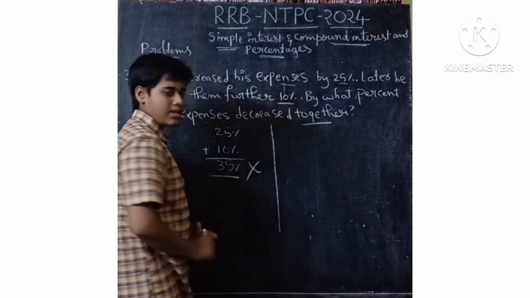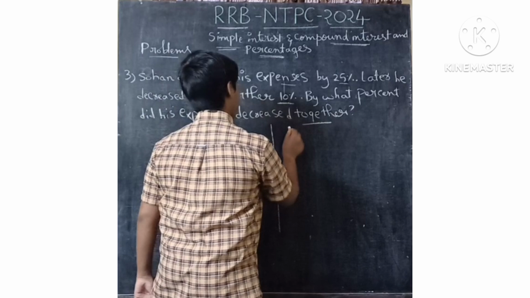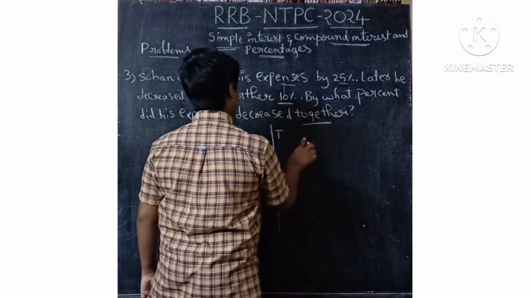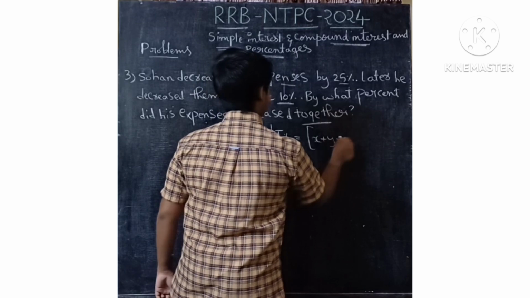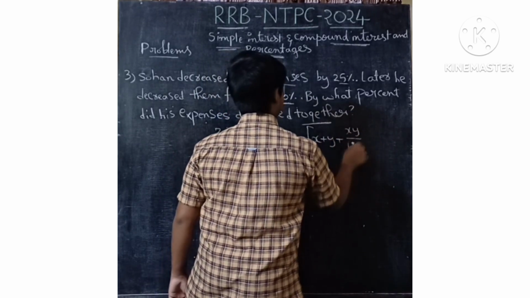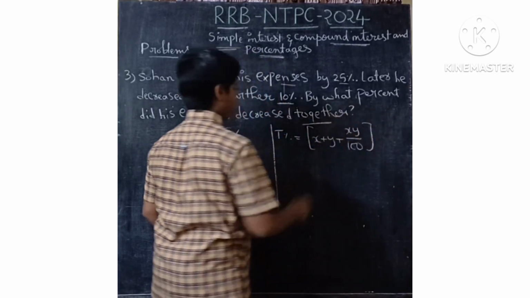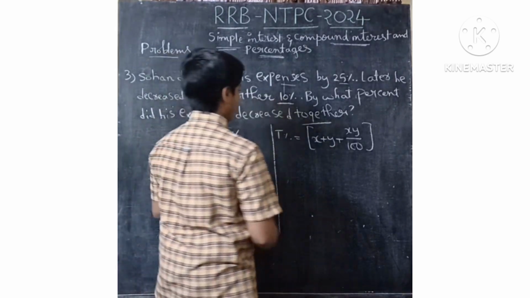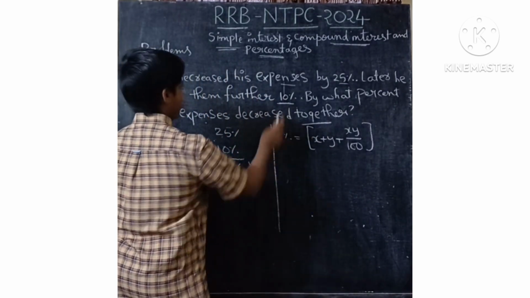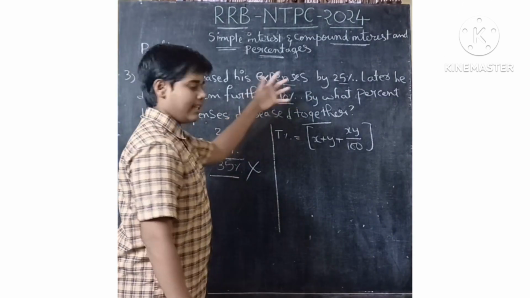For this model, one formula is there. Together percent is equal to x plus y plus xy by 100. This is the percent where x and y are the percents. Okay. So the first percent is minus 25 because it decreased.